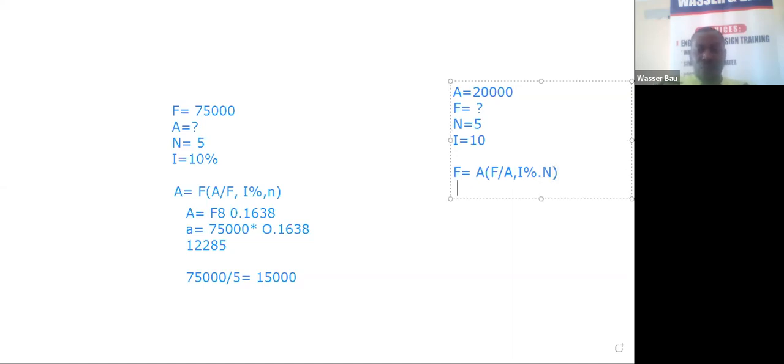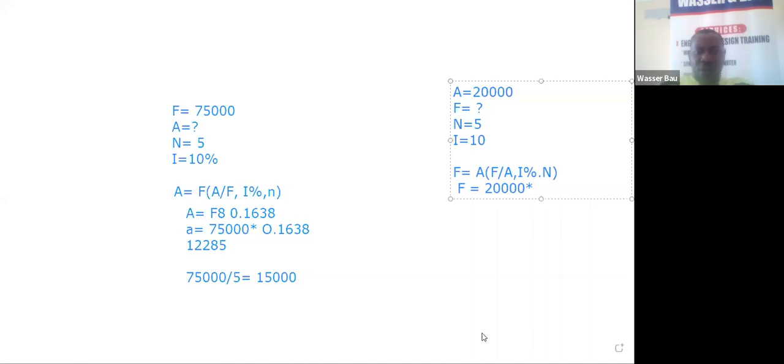Okay. So my F is now going to be A, and that A is 20,000, multiplied by, I will now go to my interest table and look at the opposite of this. So in my interest table, the opposite of that becomes the one we didn't use before.